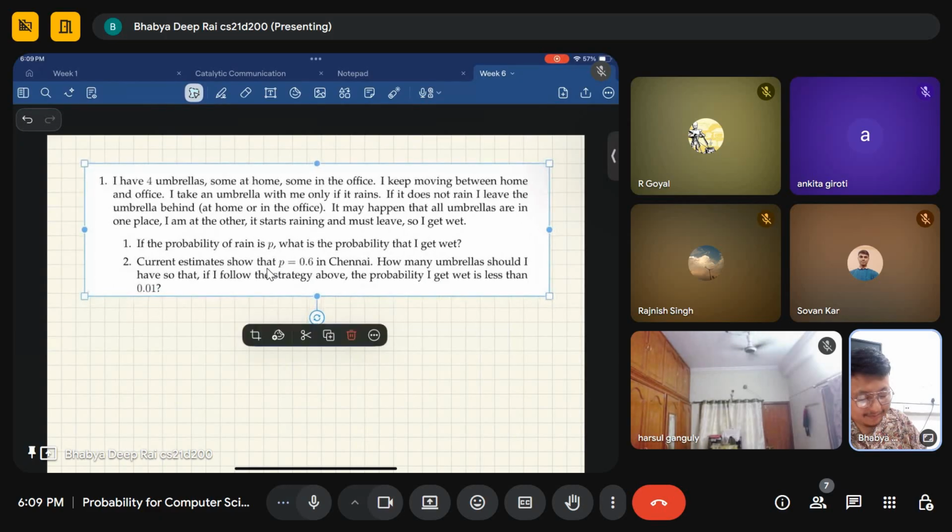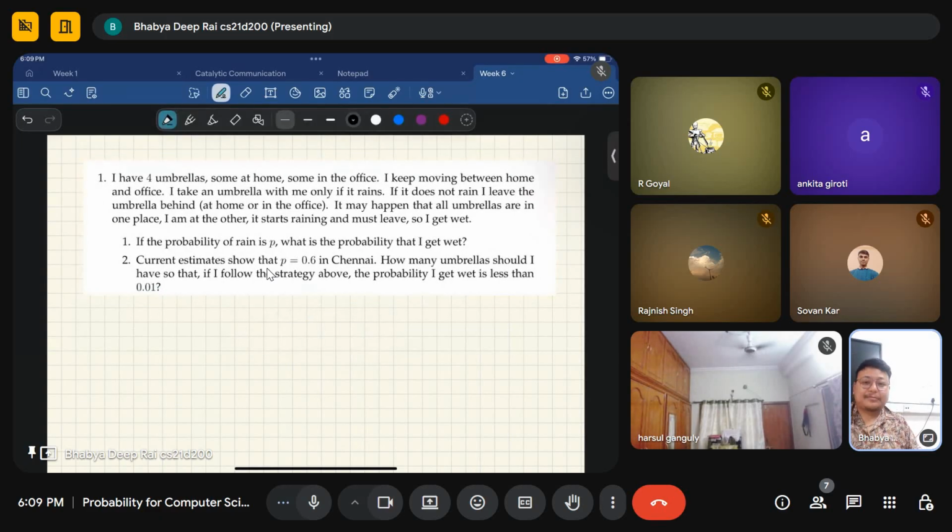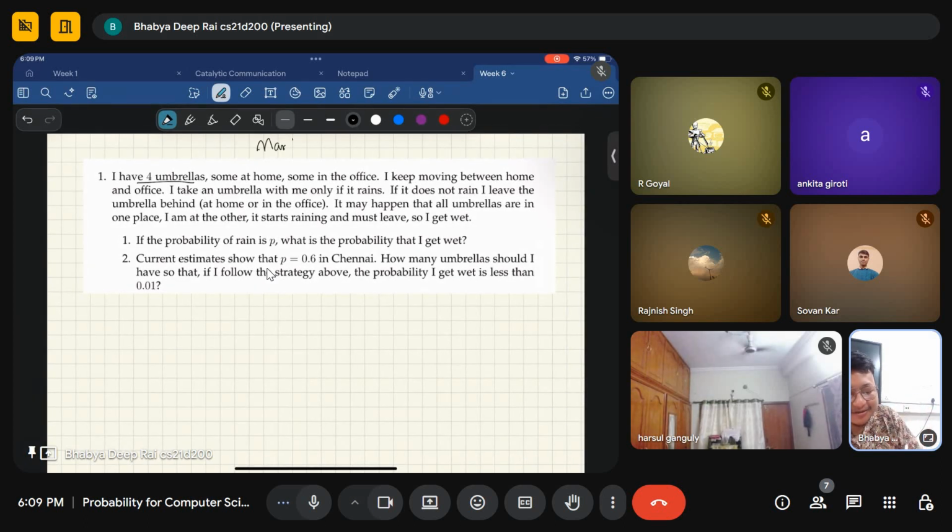So let me first repeat the question, then I'll ask if anyone has solved it or got some ideas. Okay. So let me repeat it once. I have four umbrellas. Some are at home, some in office. Okay. By the way, this is a question on Markov chains. So you need to use Markov chain somewhere. I have four umbrellas.